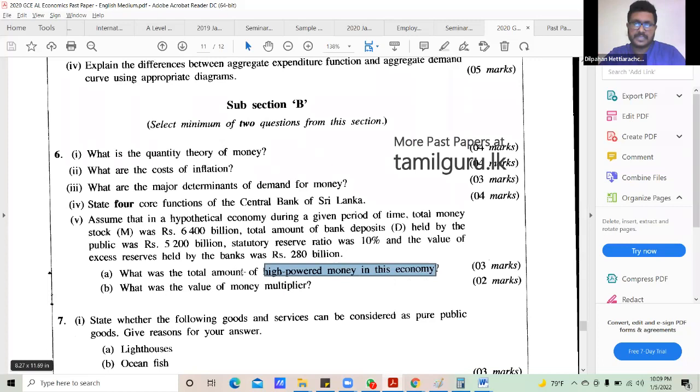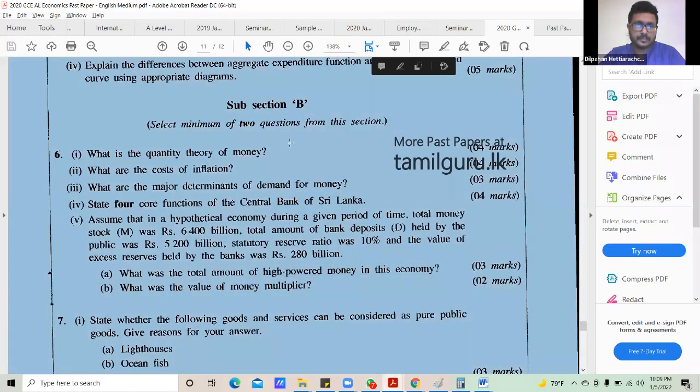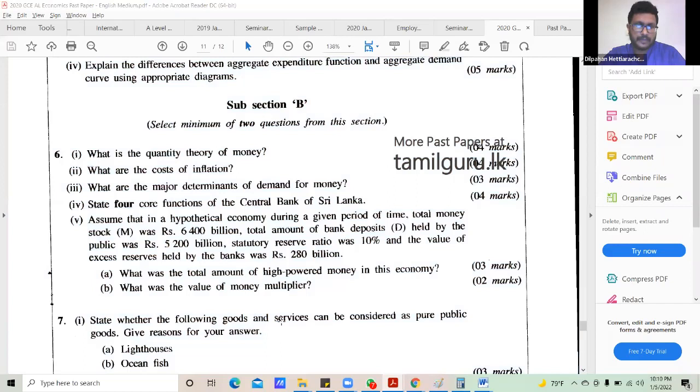Then section B, what was the value of the money multiplier? How can we do that? Then you have to remember the money multiplier equation.